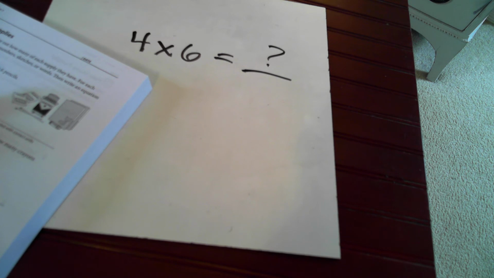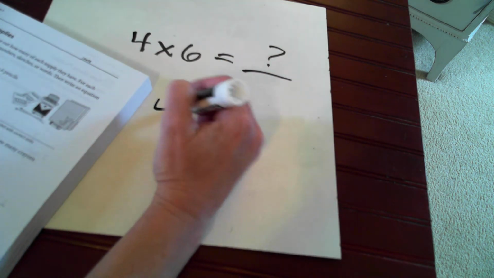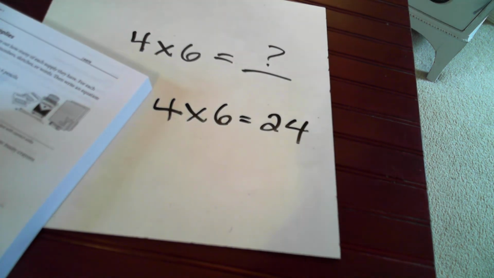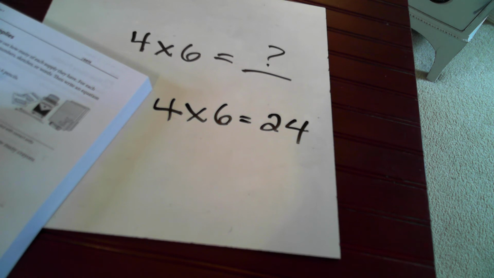Well, I know that 2 groups of 6 is 12, so 4 groups of 6 is 24. And you might have learned that last year, how to group and break apart multiplication, and we'll learn more about that later as we go, especially when our numbers get more complicated.